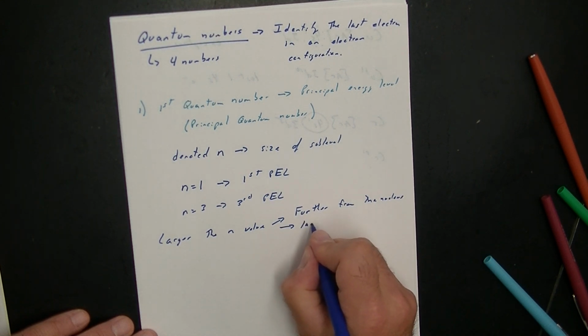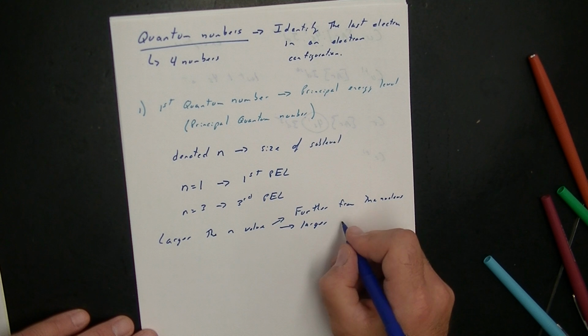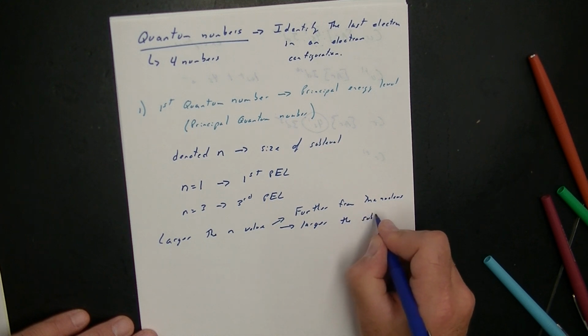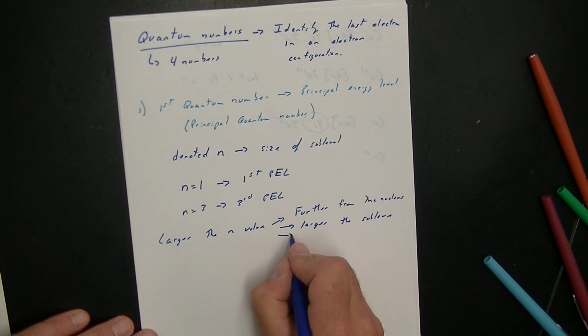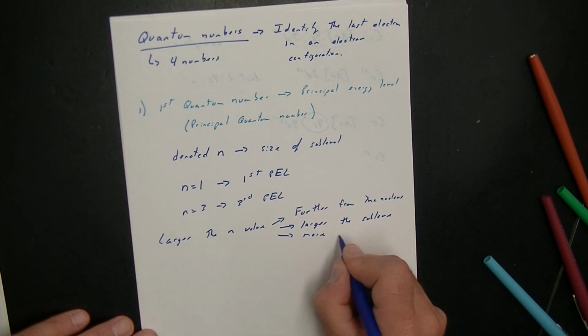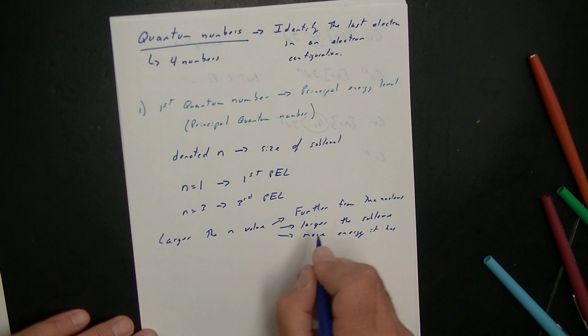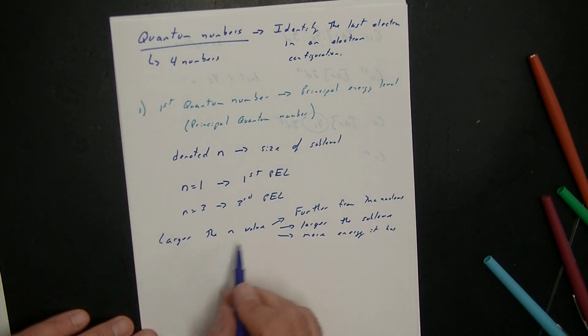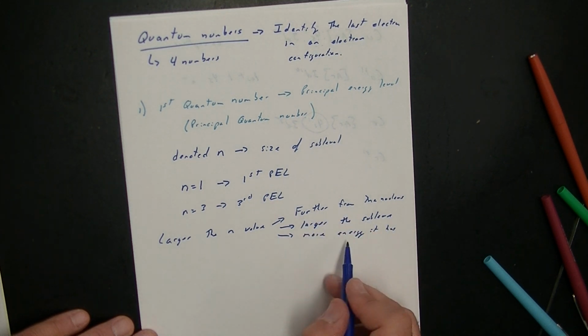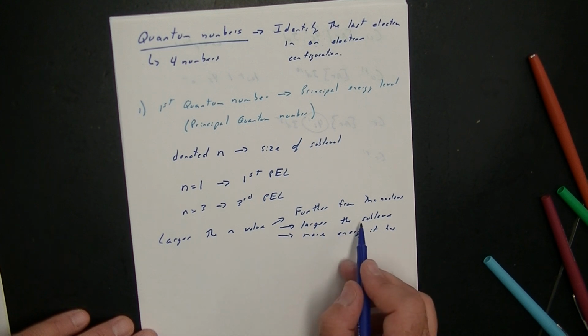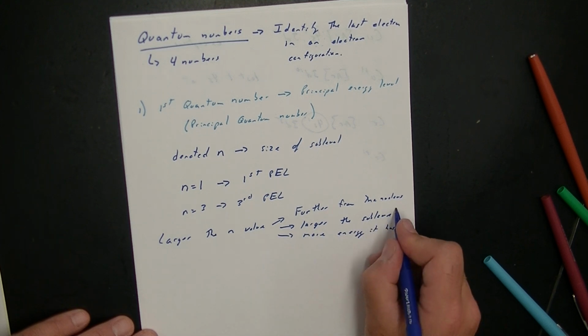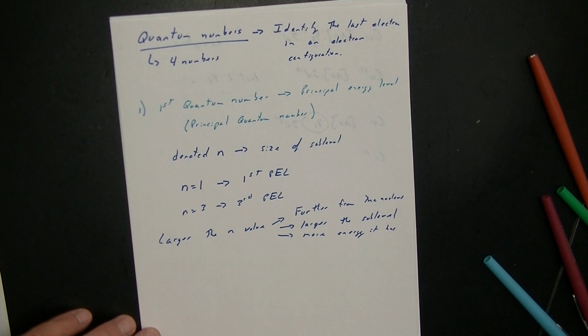It's a larger sublevel. And remember, the more energy it has. We're talking about where the electrons are. So the larger the n value, the more energy it has, the larger the sublevels are in reality, and the further they are from the nucleus.